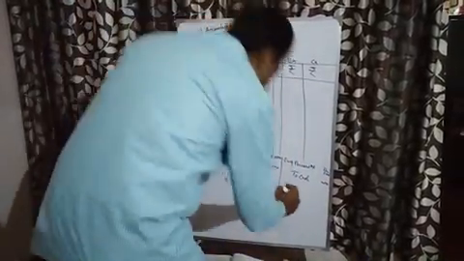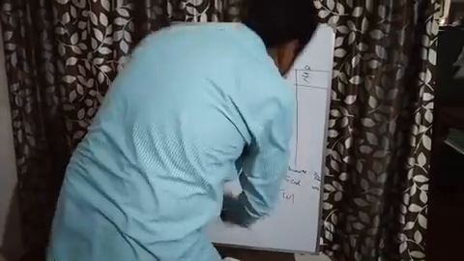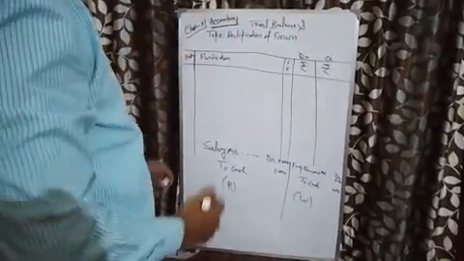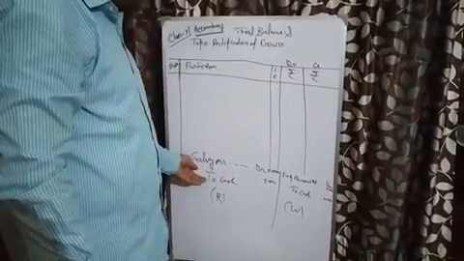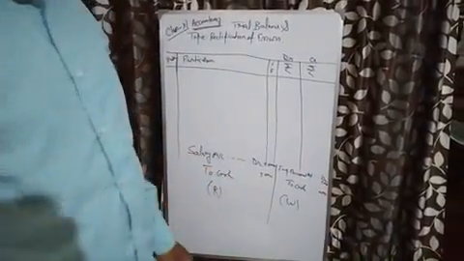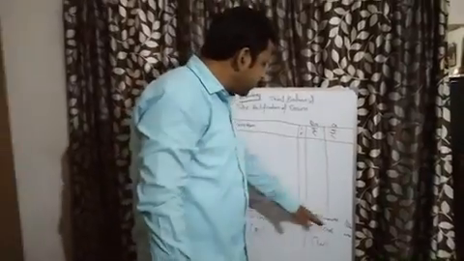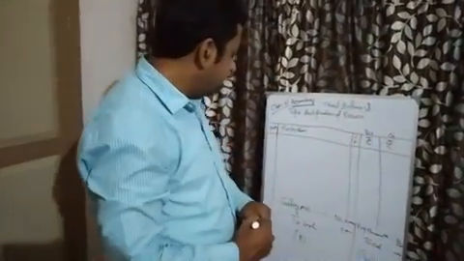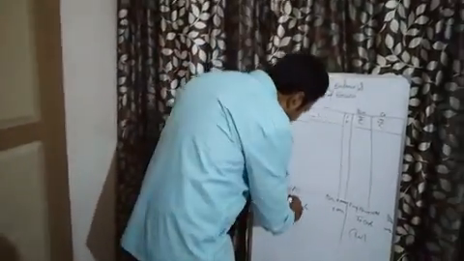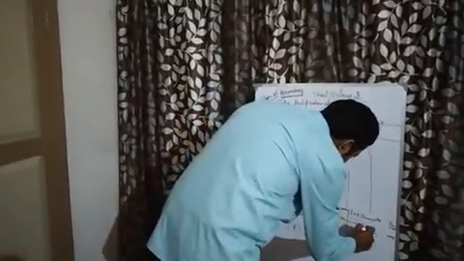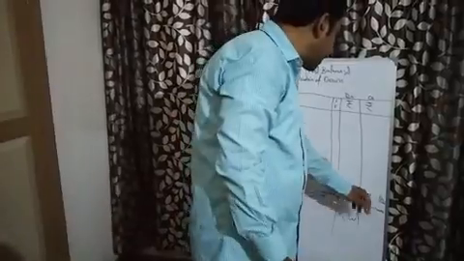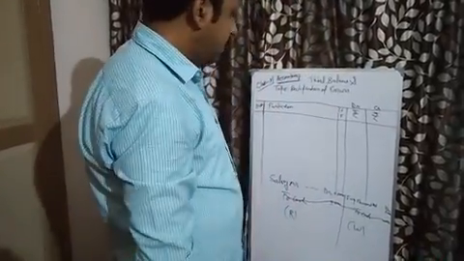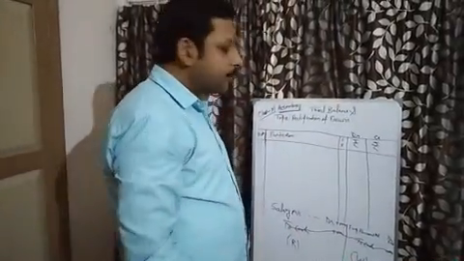If you see the wrong entry, in both the cases one thing is right: cash is credited in both entries. As I said in a previous class, what is right you just ignore. What is wrong is that instead of salary they debited the employee. So we have to reverse that.